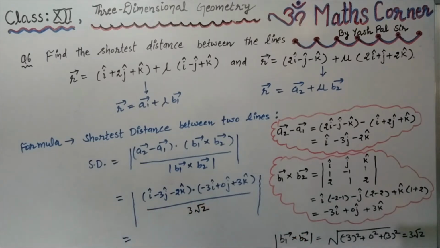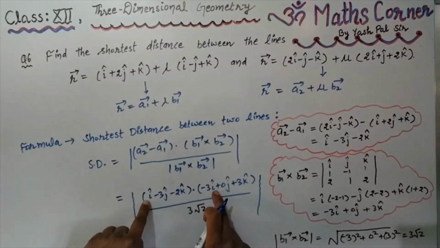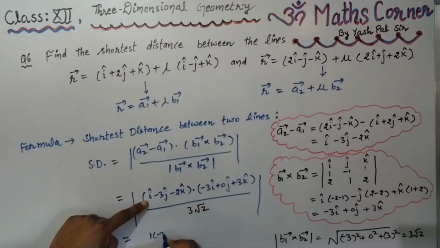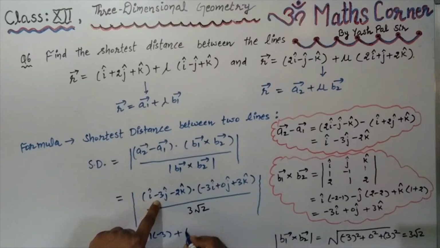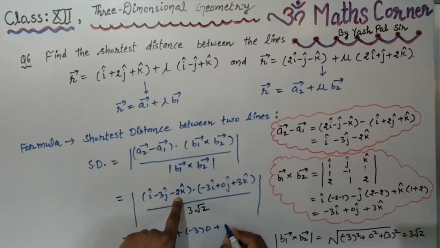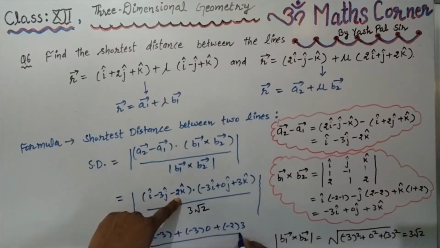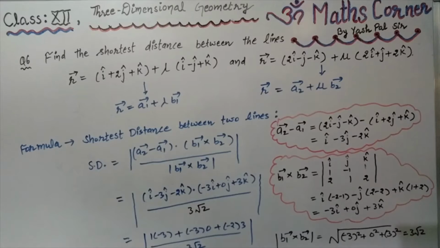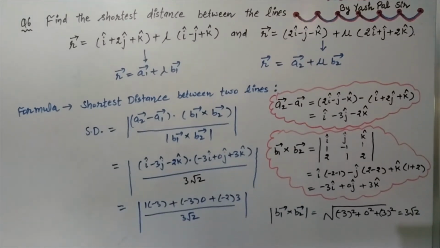So now how to find the dot product? i dot i is 1, so 1 into minus 3, plus minus 3 into 0, plus minus 2 into 3, divide by 3 square root of 2, its magnitude, its modulus, right?